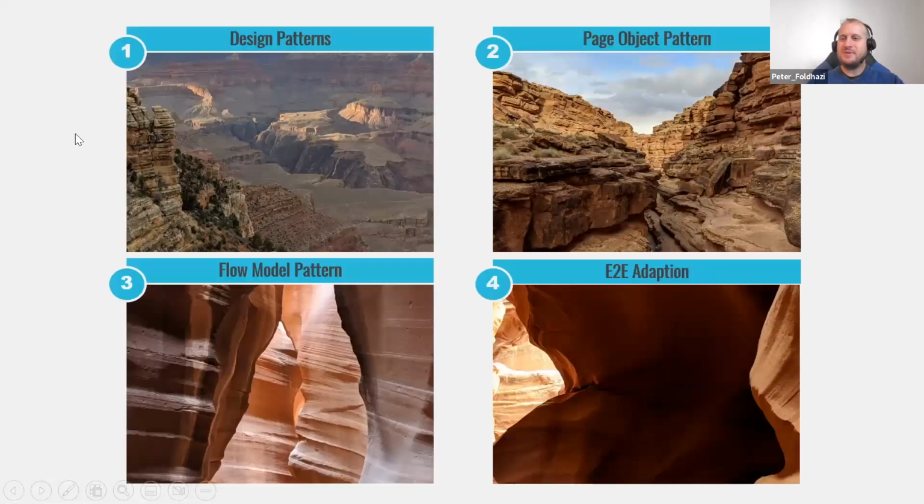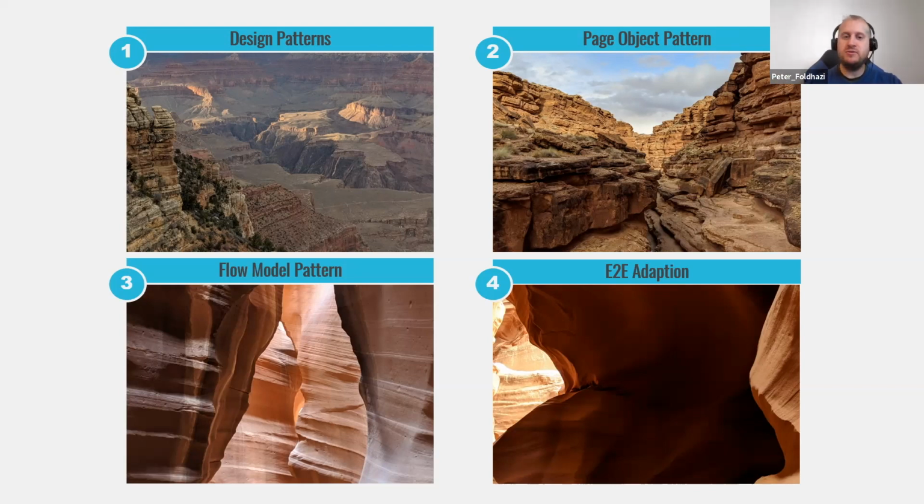All right, so because the flow model and also the page object patterns are basically design patterns, it's very important that I speak about that. After that, I will, of course, talk about the page object pattern, which is currently the most widely known and most popular design pattern for test automation engineers.